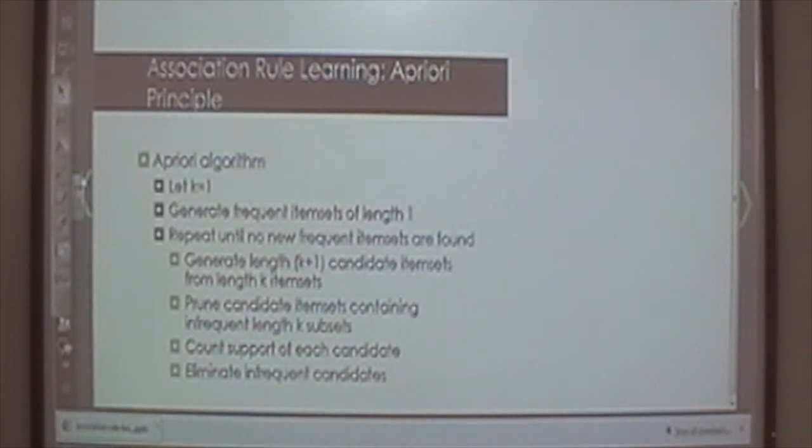The problem is, when k is small, as in this example, it's easy to do.